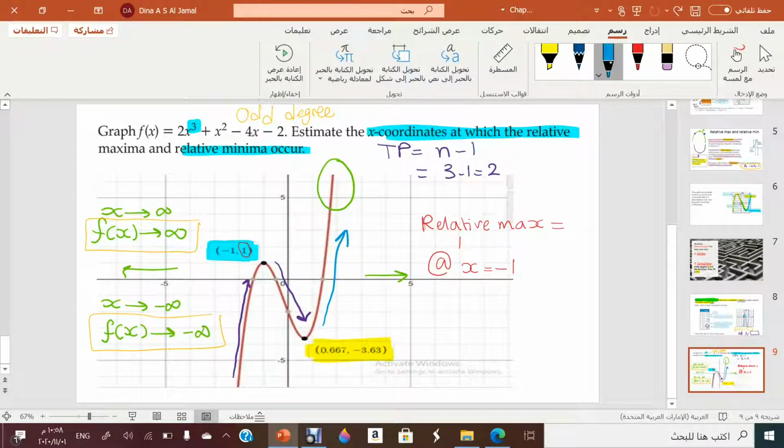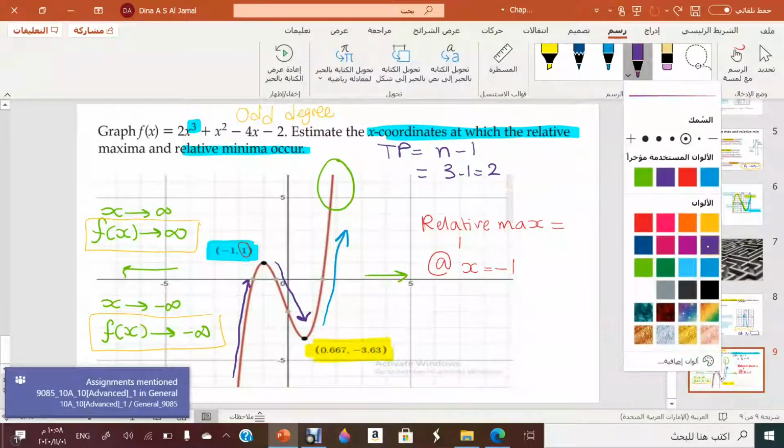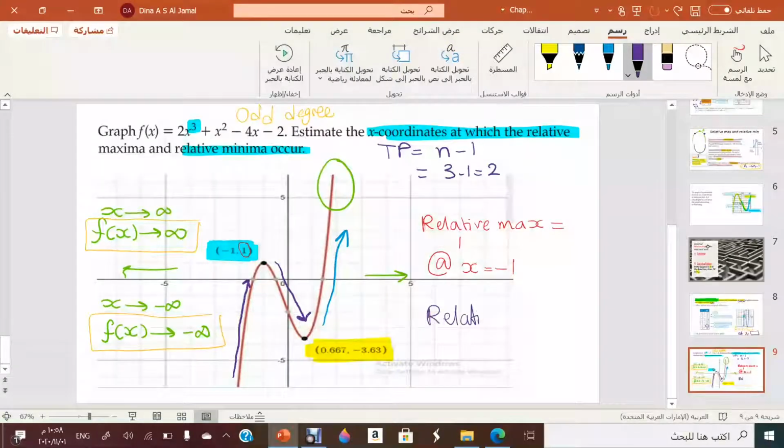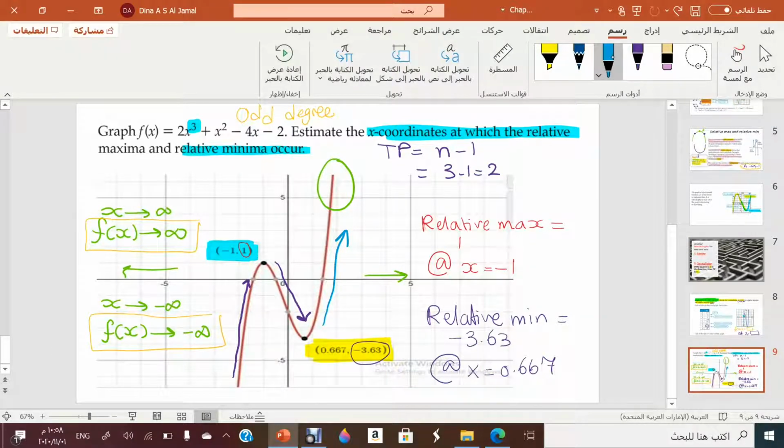So you are having here in this point the relative minimum, and take the value of y, minus 3.63, at which value? At x equals 0.667, but he is telling you to estimate. That means you can write between x equals 0 and x equals 1.